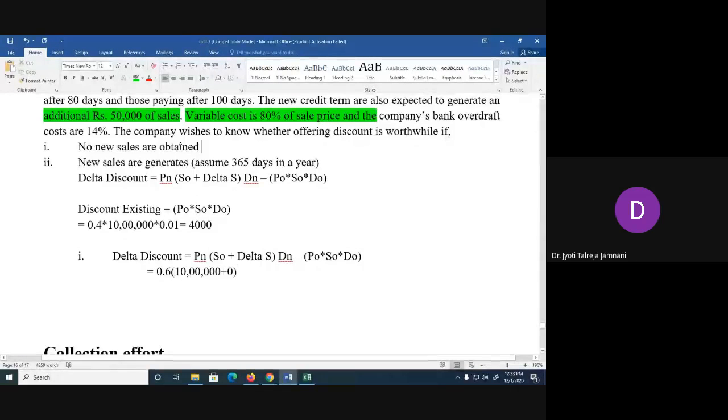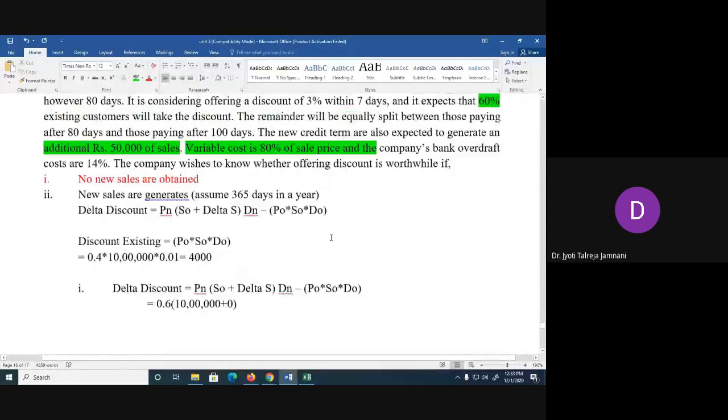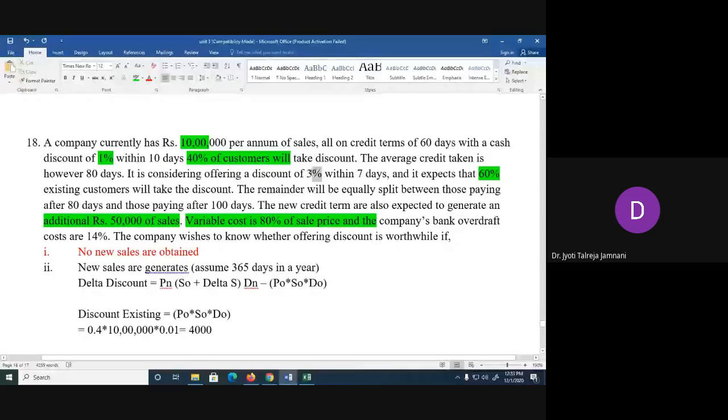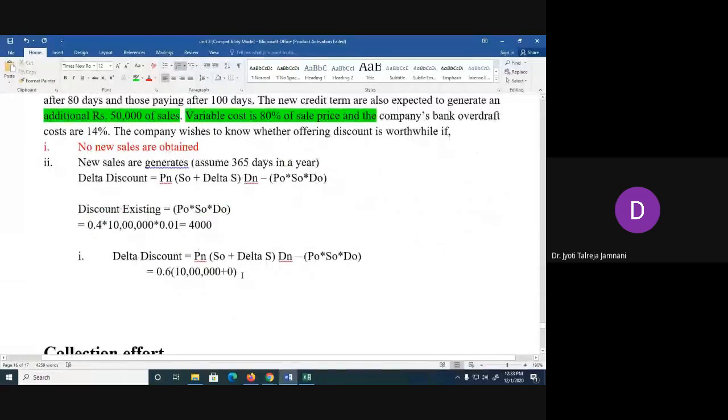So in the first point, the new sales are 0. Then the new discount that you're going to give is 3%, so 0.03, minus P naught, S naught and D naught, which is nothing but 0.4 into 10 lakh into 0.01.